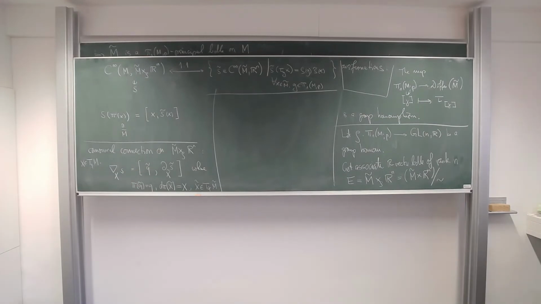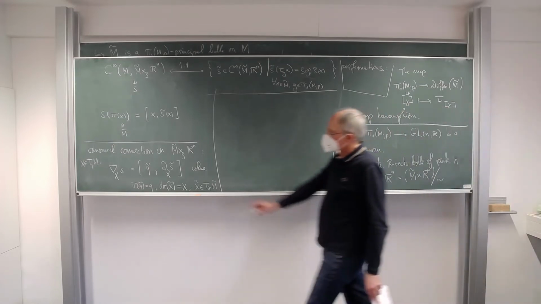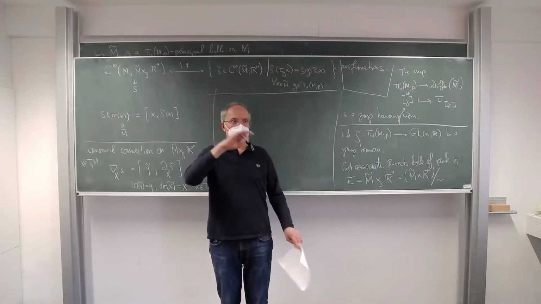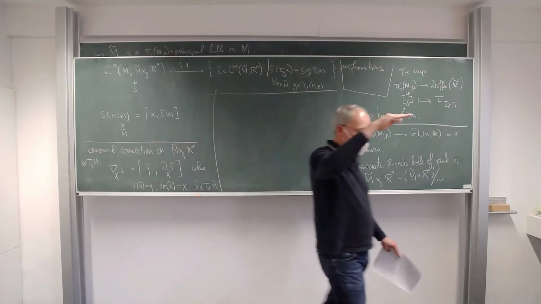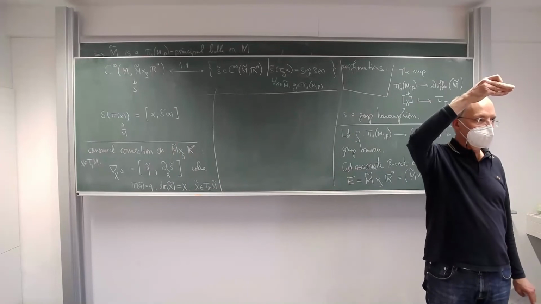I mean, what we are doing here is of course a special case of what you are saying. So one way to put it: what's a connection on the principal bundle? We discussed connections in rather big generality at some point, and there we had these horizontal spaces. In this case, you could just say the m tilde is a covering, so the tangent space is exactly the horizontal space, the vertical space is 0.